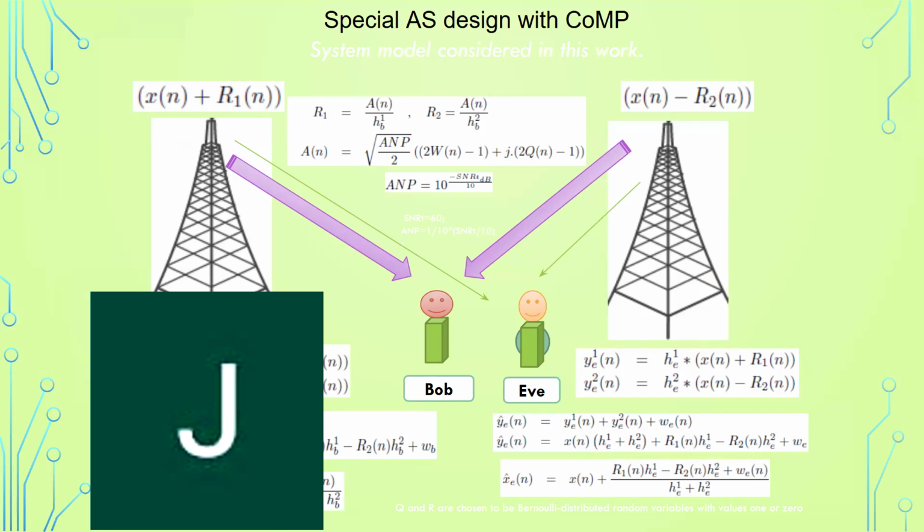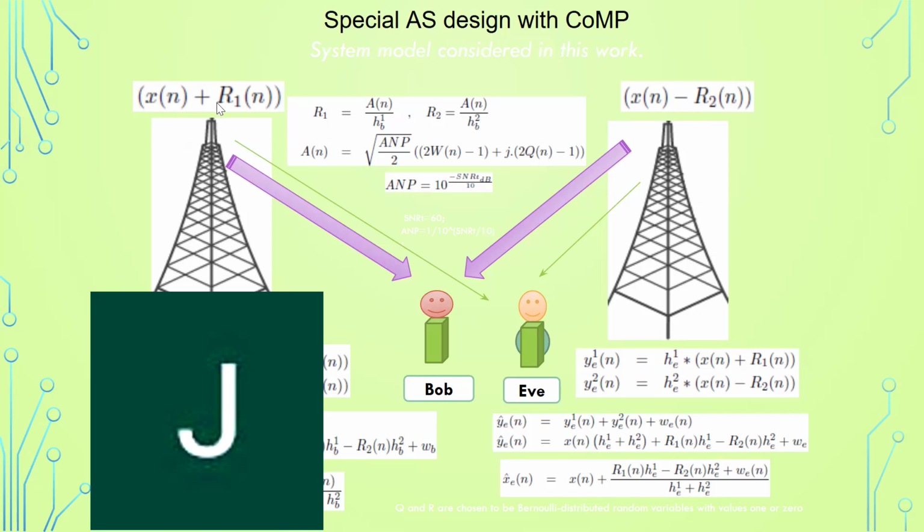if we don't want to transmit our signal from the same transmitter, we can have two transmitters but synchronized with each other, two base stations. One of them can send the signal to Bob, and another can send the same signal again to Bob.